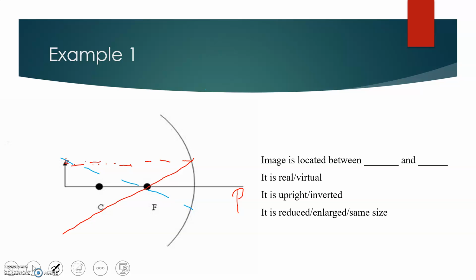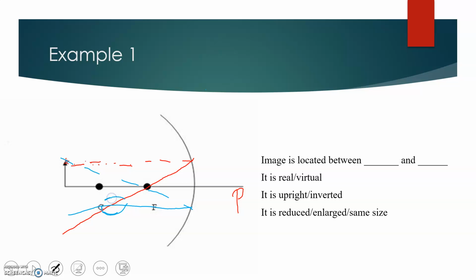And it's going to be dotted because it is an incident ray. And that's going to reflect back parallel to P. So through F, parallel to P is your second step. And you see that these two lines intersected.